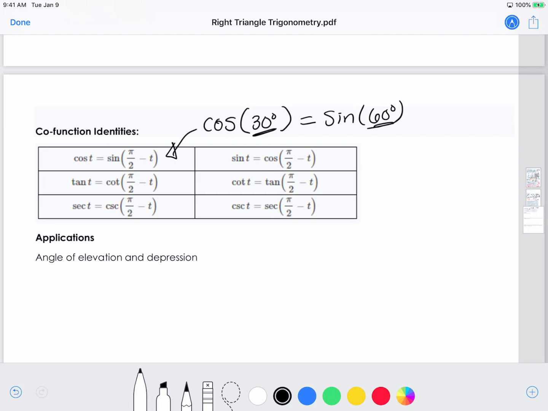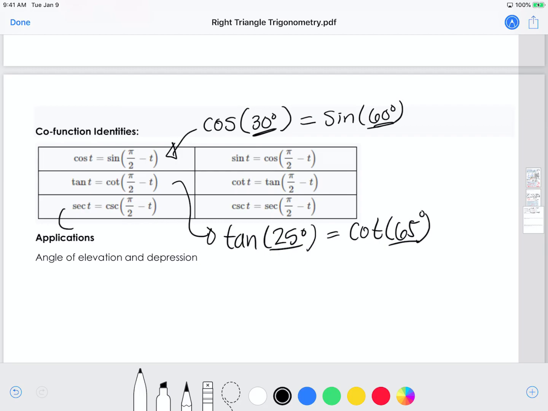Those two values of those functions are going to be the same. So another example might be if we look at the relationship between tangent and cotangent. Tangent of, say, 25 degrees is going to be the same as the cotangent of 65 degrees because 25 and 65 are complementary. They add up to 90.